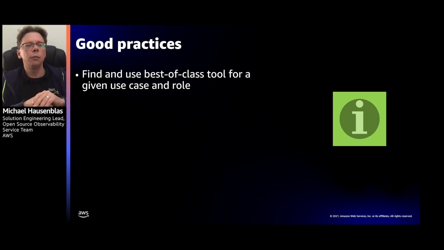Use case might depend on your environment, or on your frequency, how you deploy, etc. And role takes into account the different roles like developers, infrastructure, ops, etc. that have different flows that they need. So you might end up with different tools, but they're best of class for that specific use case and role.